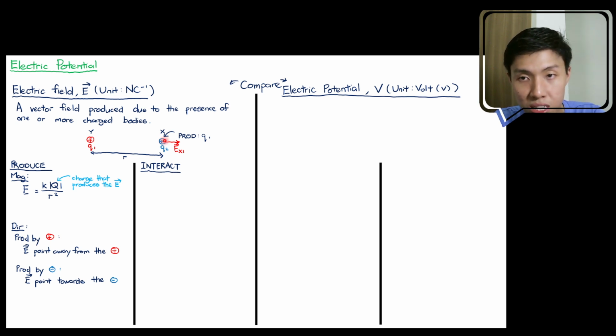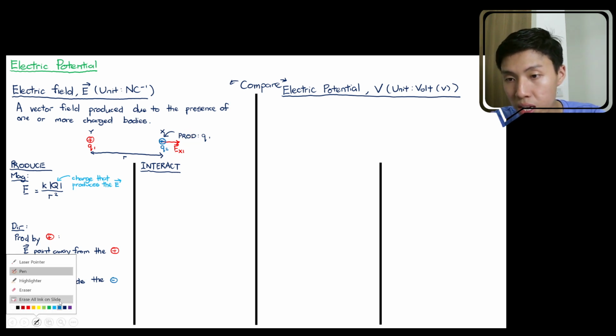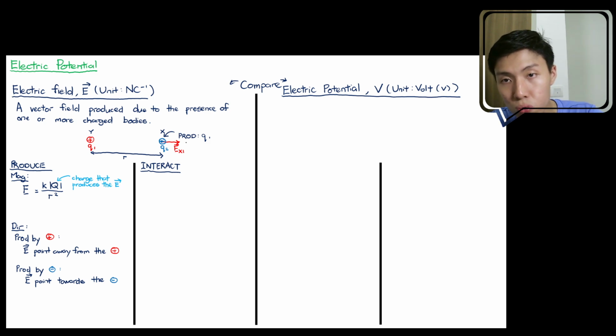And for this situation, the electric field at this position is produced by Q1 as mentioned over here. Who is going to interact with the electric field at this position? It is Q2. Okay, maybe let me tidy it up a little.